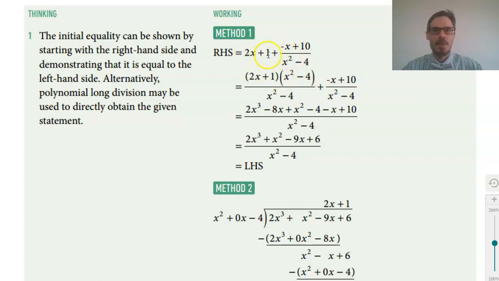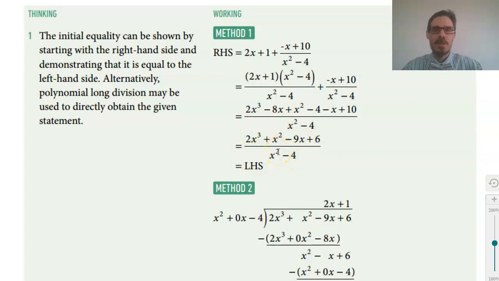You multiply the 2x plus 1 by the x squared minus 4, and then you add those as numerators with the same denominator. So if you expand that out, you get this, minus x plus 10, and then if you work through that, you'll get this, which is what we started with.